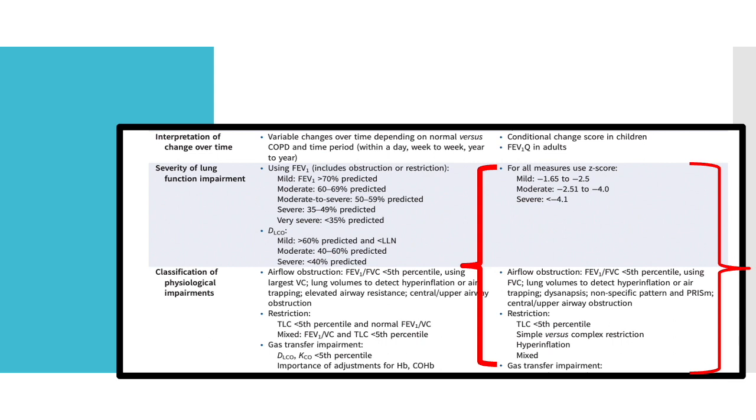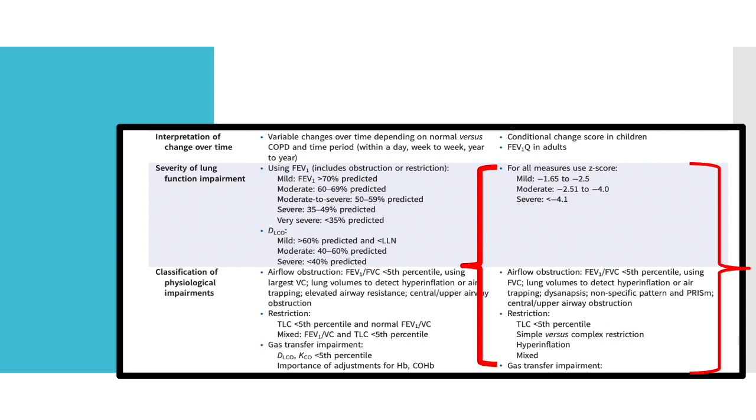Also, the classification of physiological impairments earlier was airflow obstruction being a lower FEV1 to FVC ratio, and lung volumes were used to detect hyperinflation and air trapping, and restriction being the TLC being less with a normal ratio, or mixed, both of them reduced.